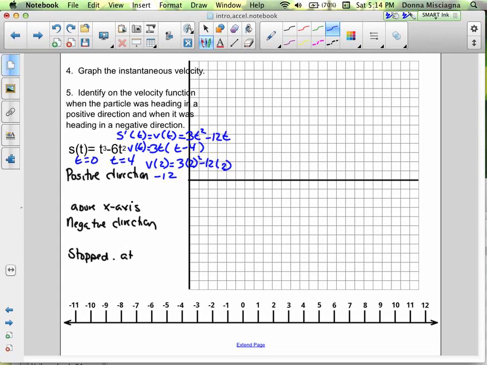I think we can use a scale of 2 this time. So we have 0, 0, and this would be, actually, can we? 1, 2, 3, 4, 5, 6, 7, 8. Oh, we can have a scale of 1. So 1, 2, 3, 4.